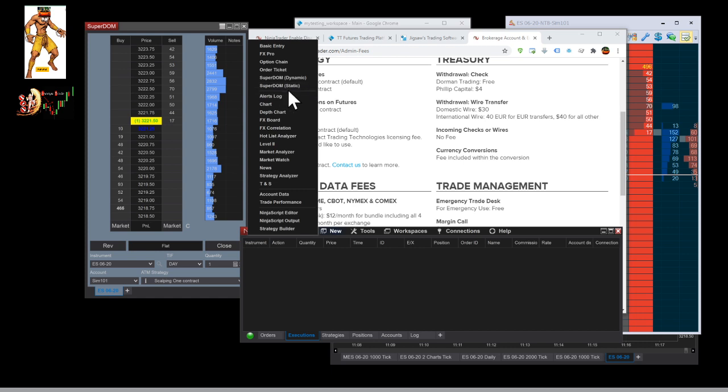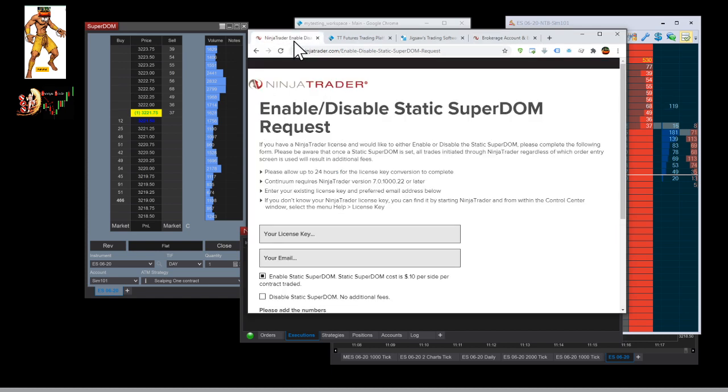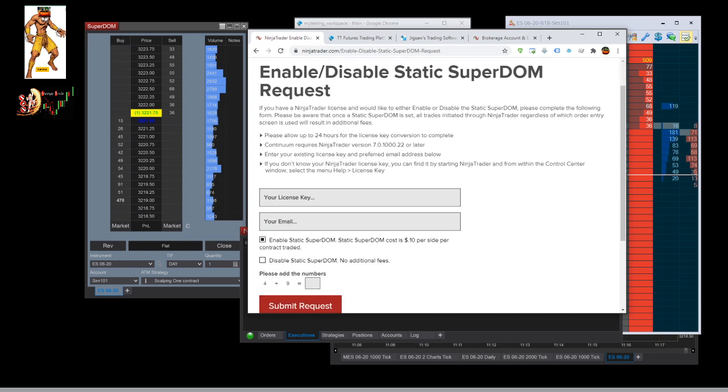So how do you activate the static? Unfortunately, if you want the static dome, you again need to pay another fee. For that, you need to enable or disable the Superdome on your NinjaTrader license. You provide your license, and customer service will ask you if you want to activate it.